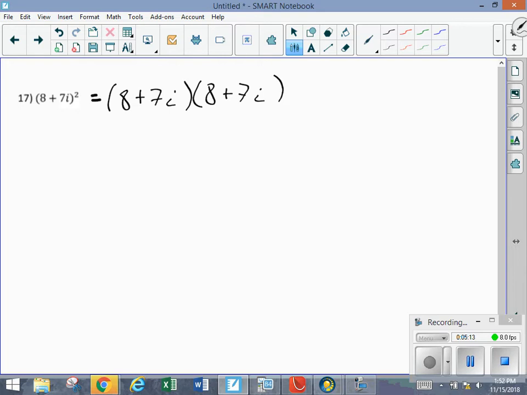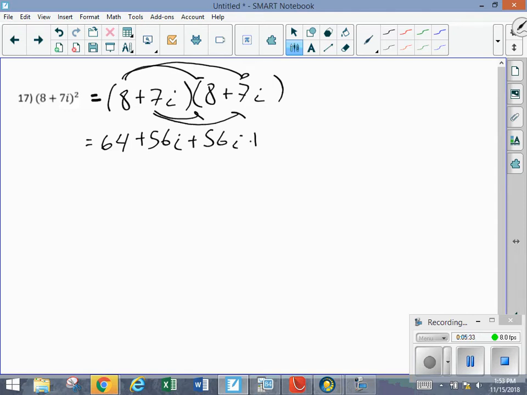And then you do the foil thing. So that's 64, right? Plus 56i, plus 56i, plus 49i squared.